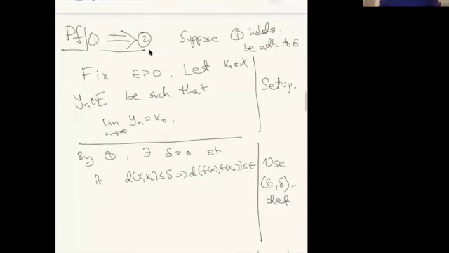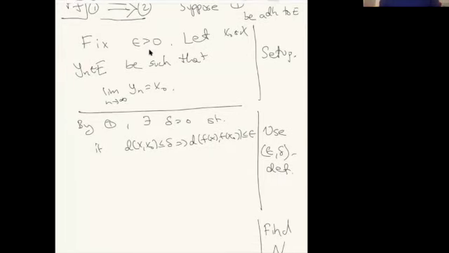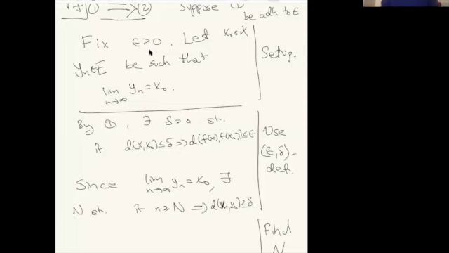So let's find an N. Since the limit as n goes to infinity of yn is equal to x0, there exists an N such that if n is bigger than or equal to N, then the distance of yn to x0 is at most delta. So we are using delta instead of the usual epsilon as our variable.